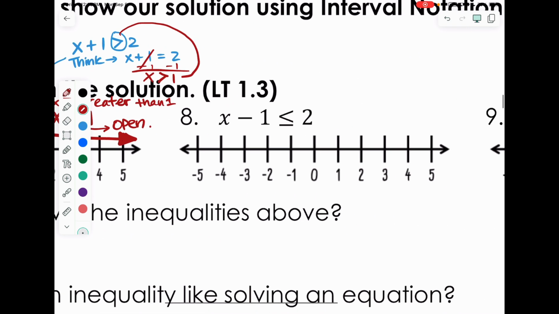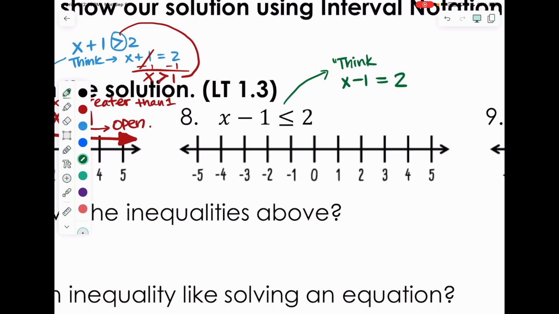Okay, let's try this one. Number 8. We're going to think that this is an equal sign. So x minus 1 is less than or equal to 2. I'm going to erase the sign temporarily and think of it as equals 2.